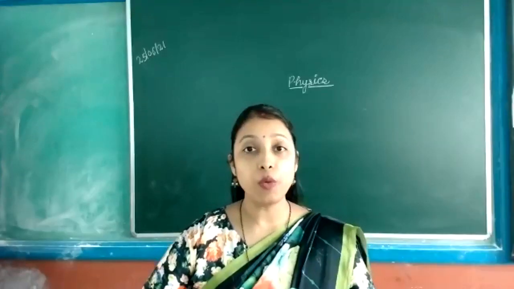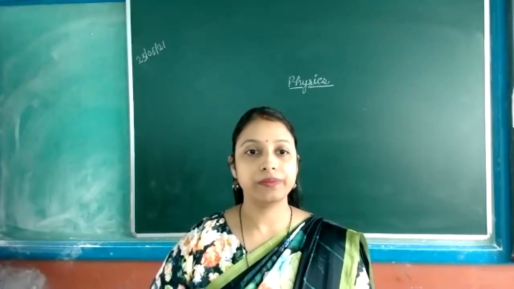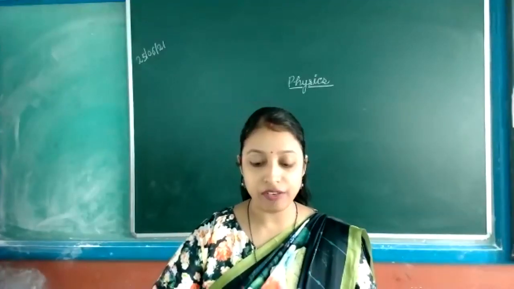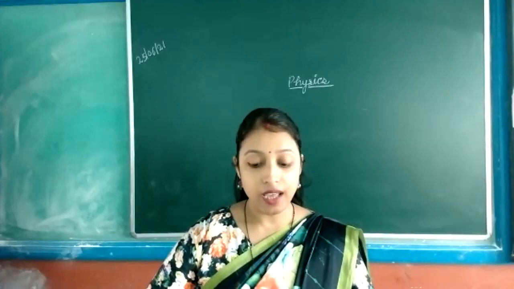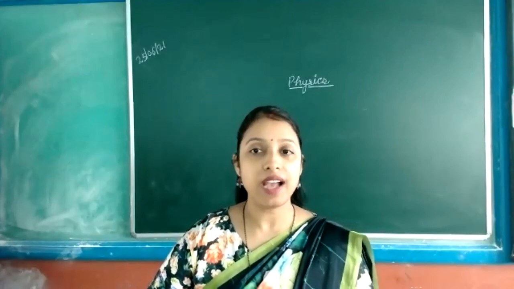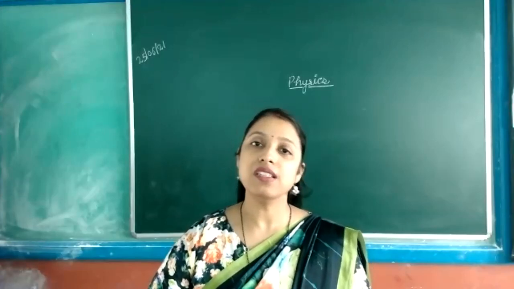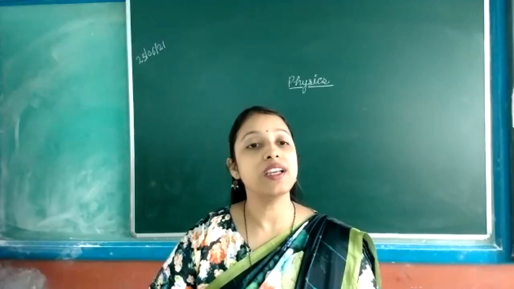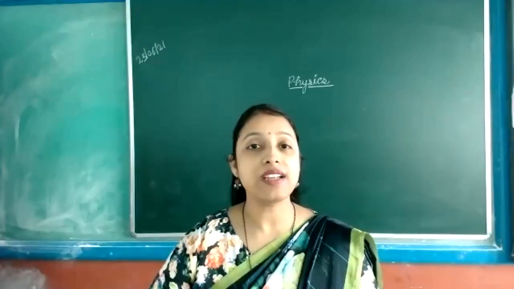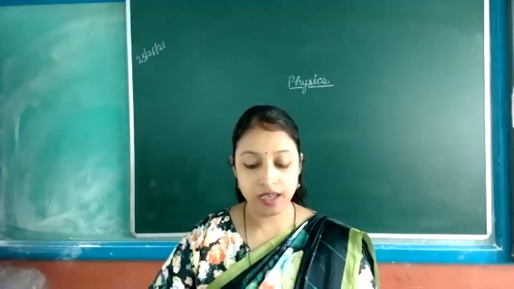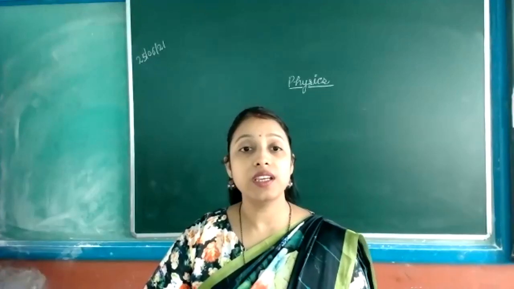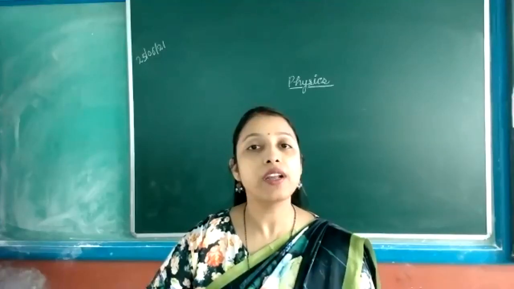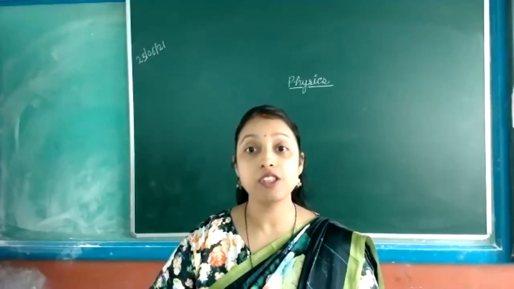All of you open page number 39. At page number 39 in the exercise questions, the first one is given: tick the most appropriate answer. Okay, means it is a multiple choice question. So the first question is, the amount of energy required to raise the temperature of 1 gram of water by 1 degree Celsius is called.